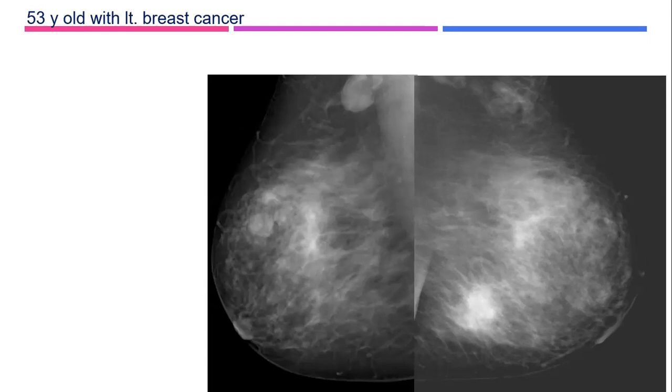We have to look for the reason for this distortion, and we have to look for this pathological axillary lymphadenopathy, suspicious lymph node.